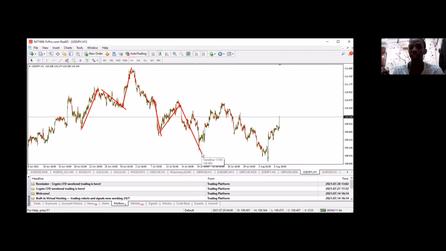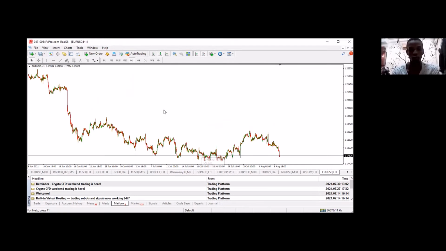Let's look at another one that might not be as volatile. For example, if we look at Euro USD, can you see, it's more or less consolidating.